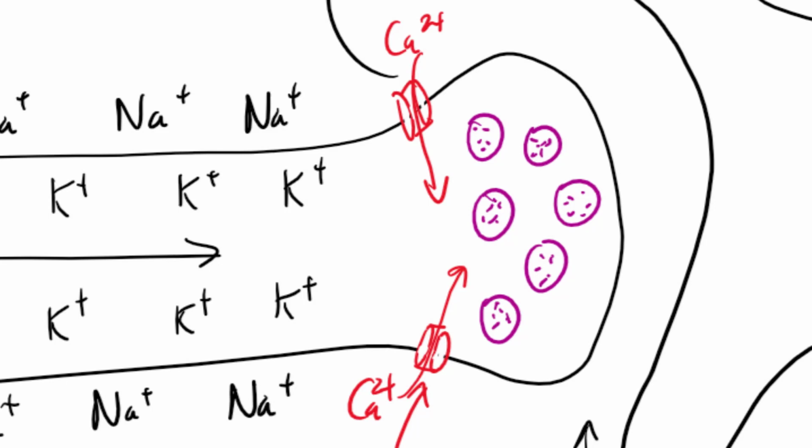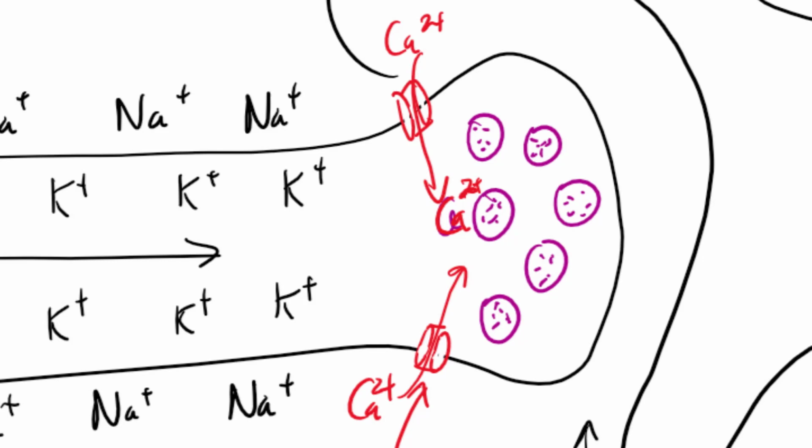That changed the potential of our neuron, and that change in potential caused our voltage-gated calcium channels to open. Calcium went in, and then calcium rushes in and binds with the vesicles. So we get calcium binding with the vesicles that have the neurotransmitter substance in them.